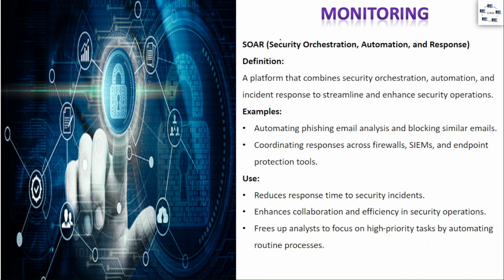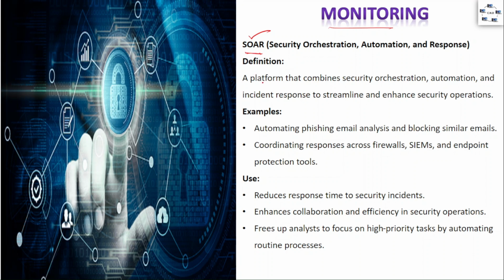And again, in monitoring, the other solution that is related to SIEM is SOAR. The difference between SIEM and SOAR is that SIEM collects logs and you can just analyze them and see what is happening. You can say that SIEM is passive while SOAR is active. It also acts upon the suspicious activity, such as blocking IP addresses or malicious devices.